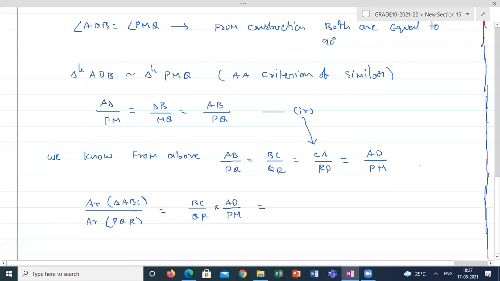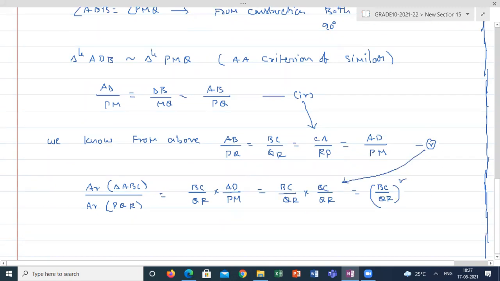So from this fifth equation, this can be rewritten as BC by QR into BC by QR. This is BC by QR whole square. Very simple. So from this equation.